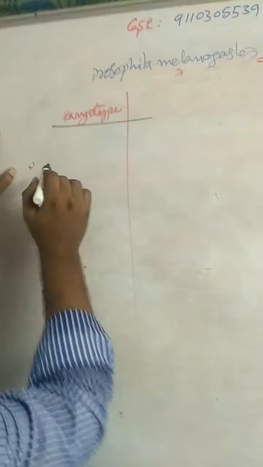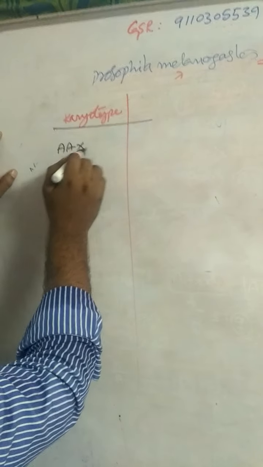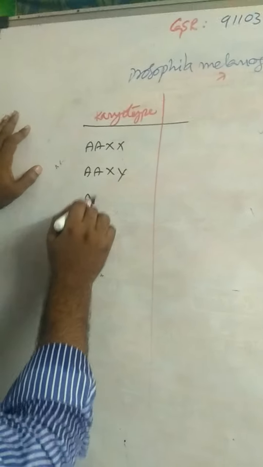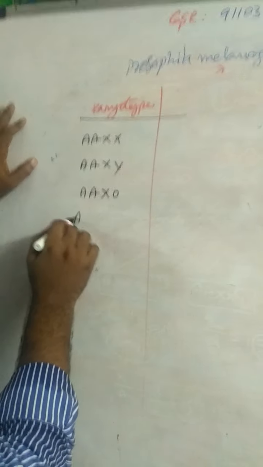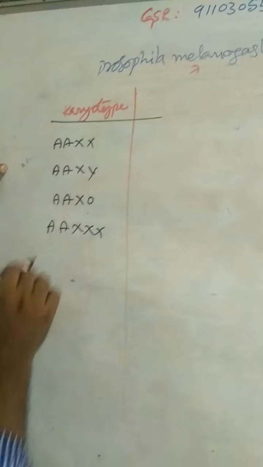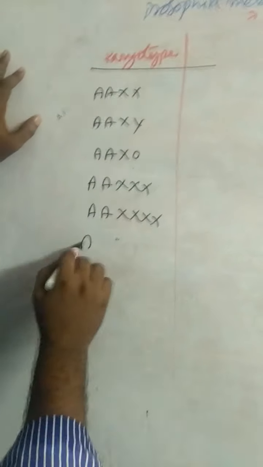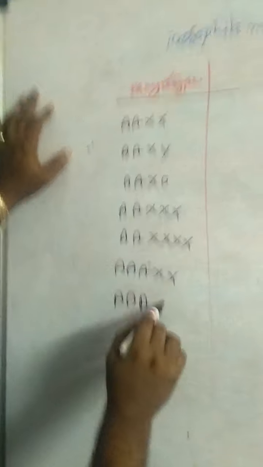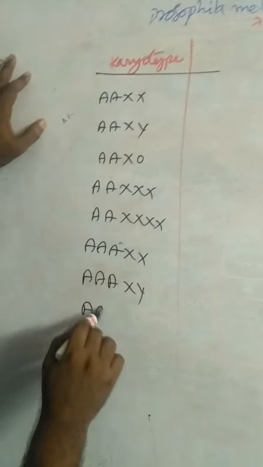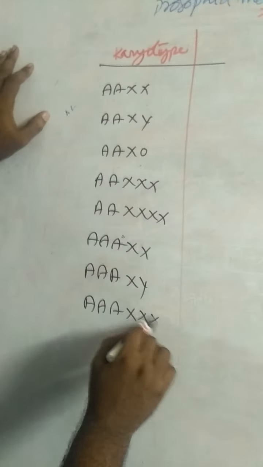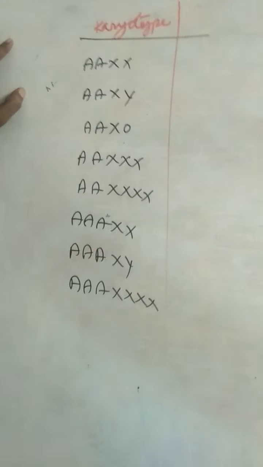For example, 2 autosomes XX, 2 autosomes XY, 2 autosomes X0, 2 autosomes XXX, 2 autosomes XX 4X, and the next ones are 3 autosomes XX, 3 autosomes XY, and 3 autosomes XXXX. So this is about different types of karyotypes. And here, the X by A ratio.